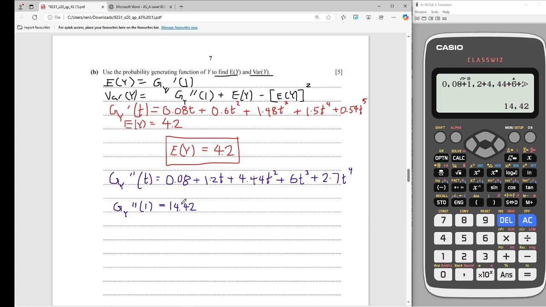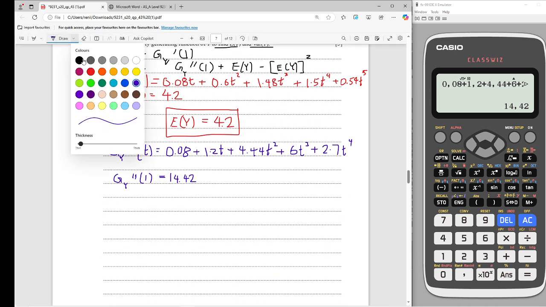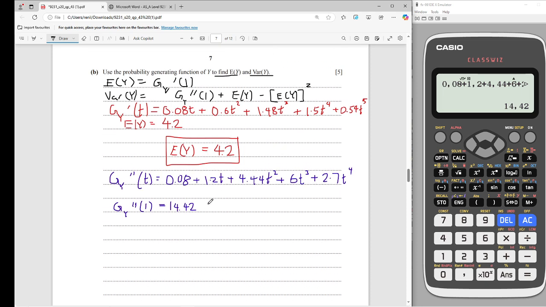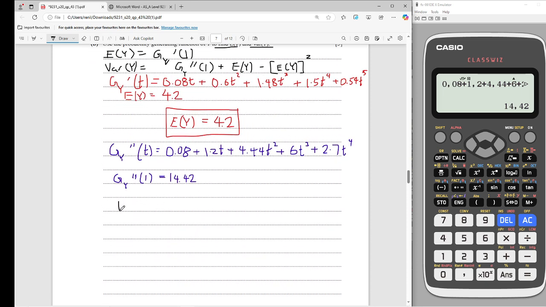So now that we found this, the next step is quite simple. This isn't our final answer, of course, because using the formula here, we just need to write variance of Y is equal to G_Y'' at 1, so it's 14.42, minus that with, no wait, plus that with 4.2, which is our E(Y), minus that with 4.2 the whole squared.